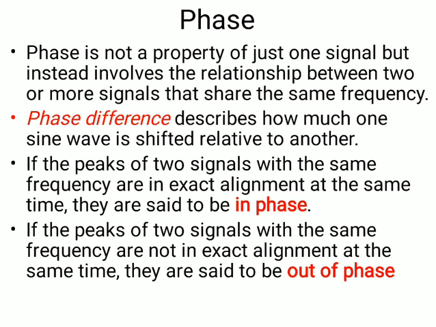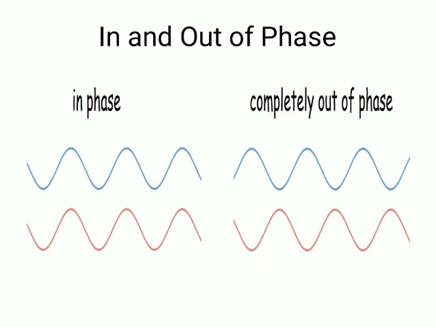If the peaks of two signals with the same frequency are in exact alignment at the same time, then they are said to be in phase. For example, you can see here on the left-hand side, in phase. Both waveforms start from the same point, and both attain their maximum value, that is the peak value, at the same point.